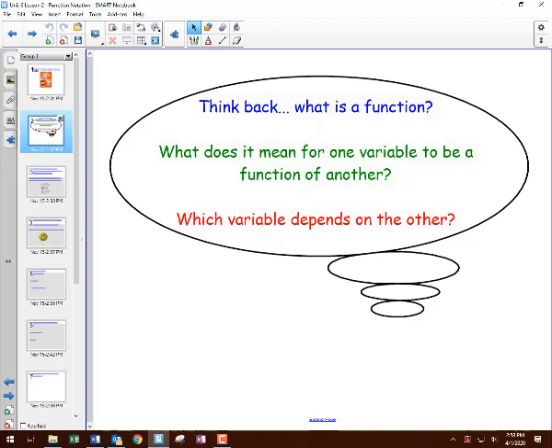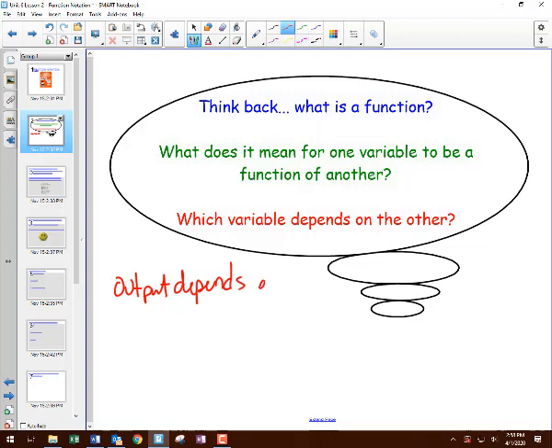When we're talking about the machine, what we get, our output, depends on what we put into that machine. In other words, the y depends on the x. What you put into that machine determines what you get out.